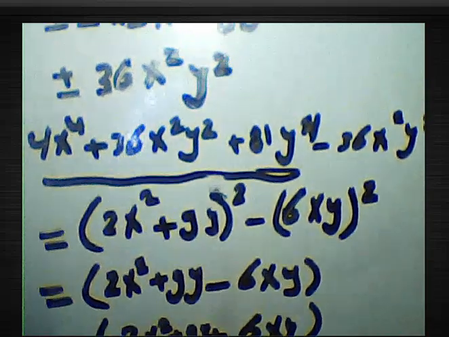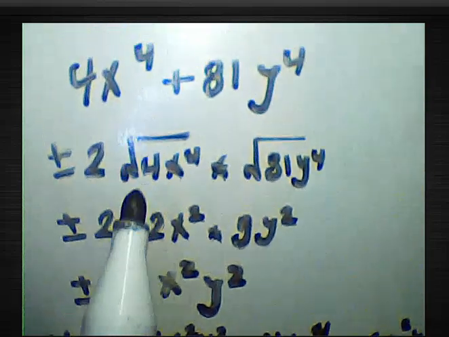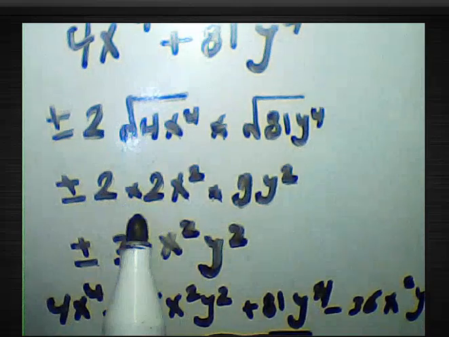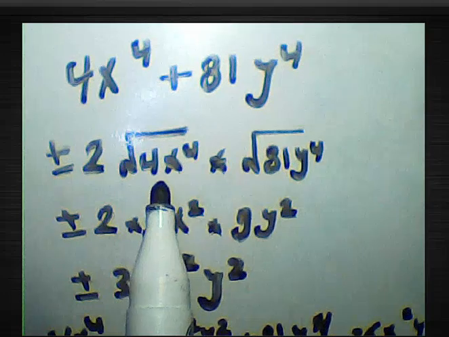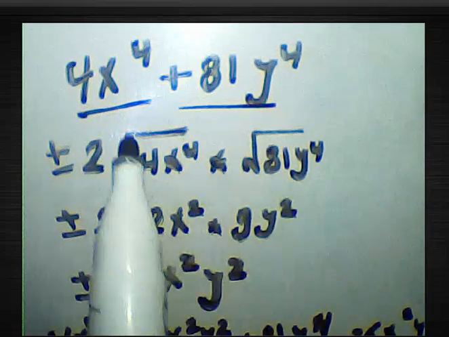Understood? Again, in this expression we add and subtract 2 multiplied by the square root of the first term and the second term.